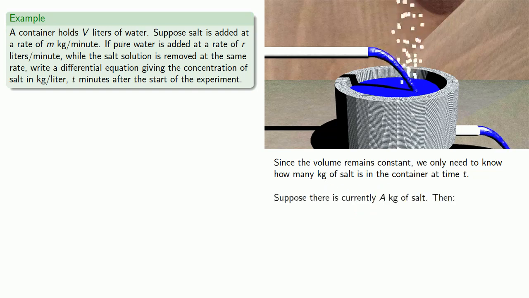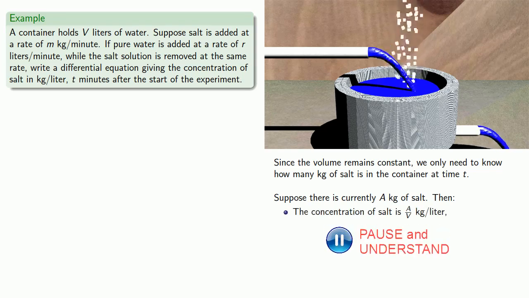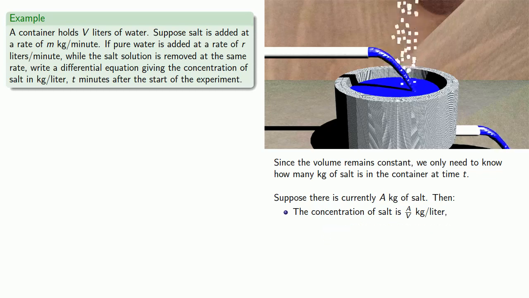Suppose there's currently A kilograms of salt. Then the concentration of salt is going to be A over V kilograms per liter. And now let's run things for a very short amount of time. So first we'll stop the clock. Now let's run things for a very short amount of time. So notice several things have happened during that short amount of time.